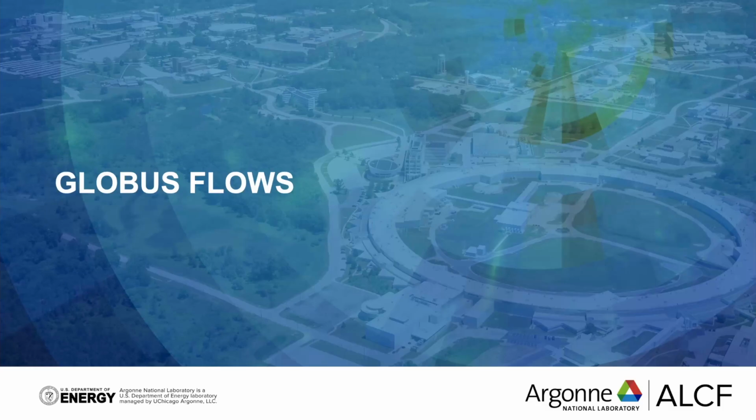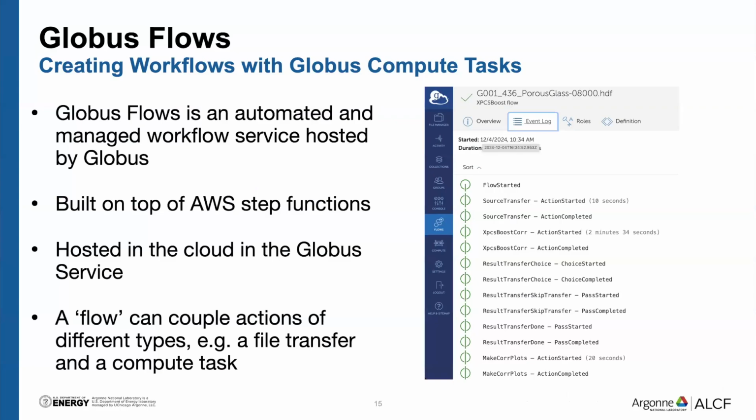And the way you can do this with Globus tools is using something called Globus Flows. And so now we're going to talk about Globus Flows, which is an automated and managed workflow service tool that's hosted by Globus. It's built on top of AWS Step Functions, and it's hosted in the cloud.